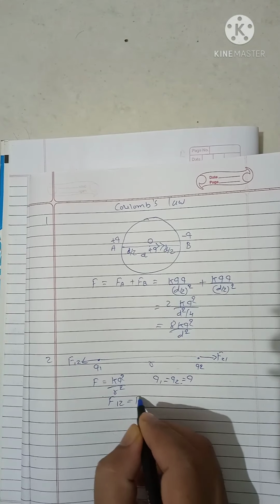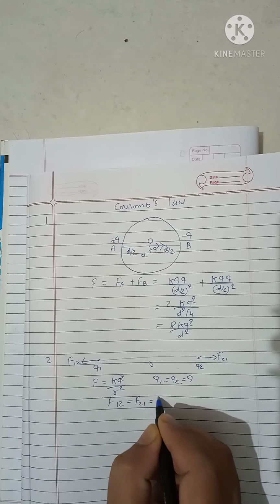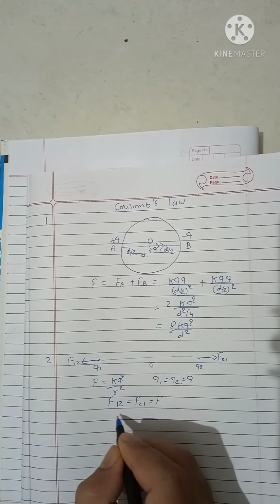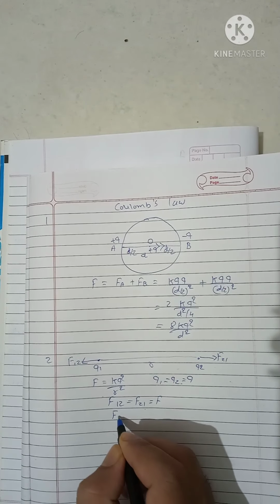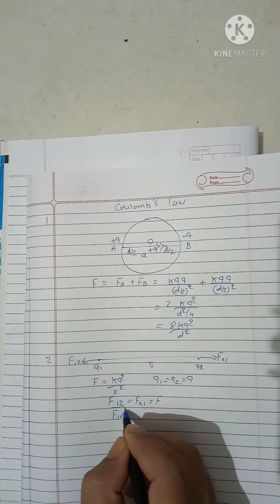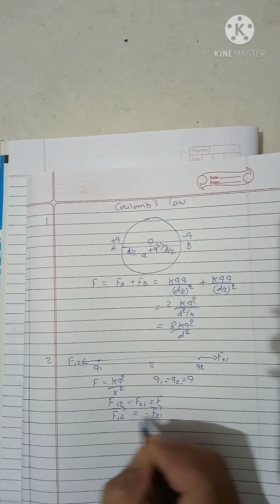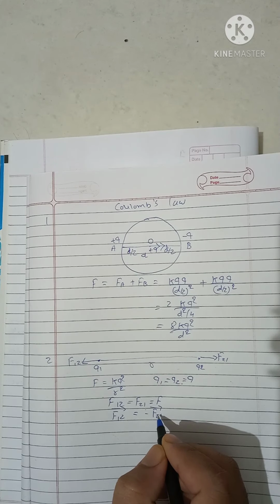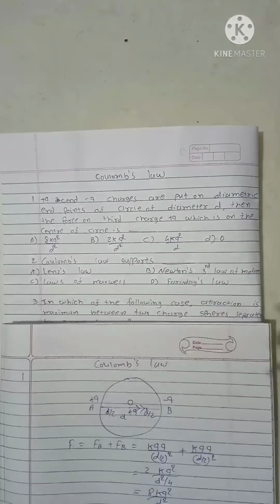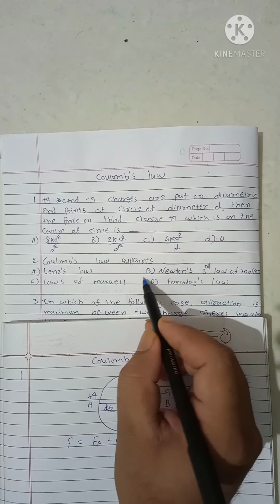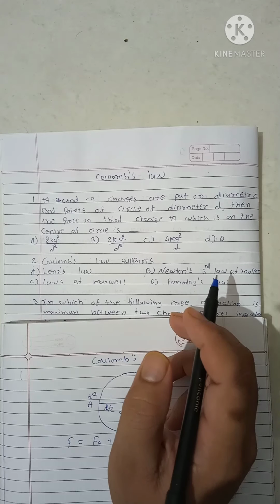F12 equal to F21 equal to F. So from the figure we can write F12 equal to minus F21, and this is actually Newton's third law. So our right answer will be option B.